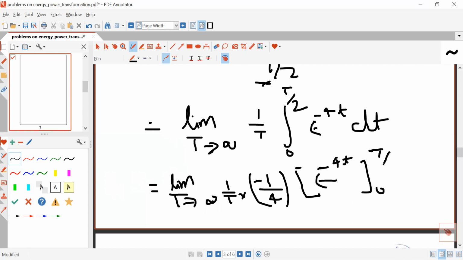And when you substitute the upper and lower limits in this expression, you will get 0.